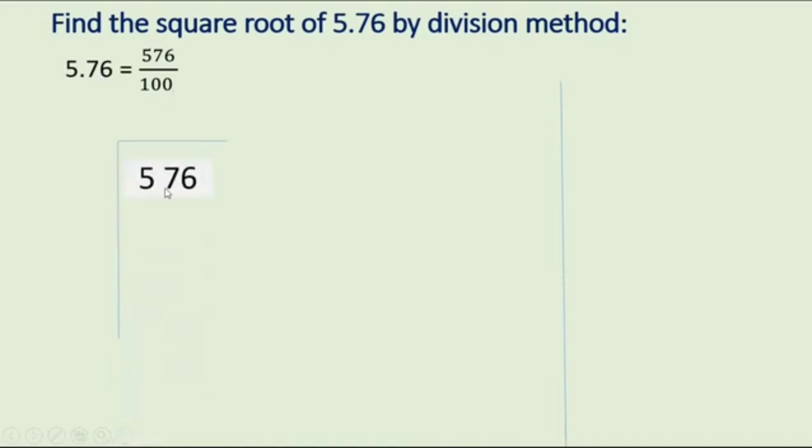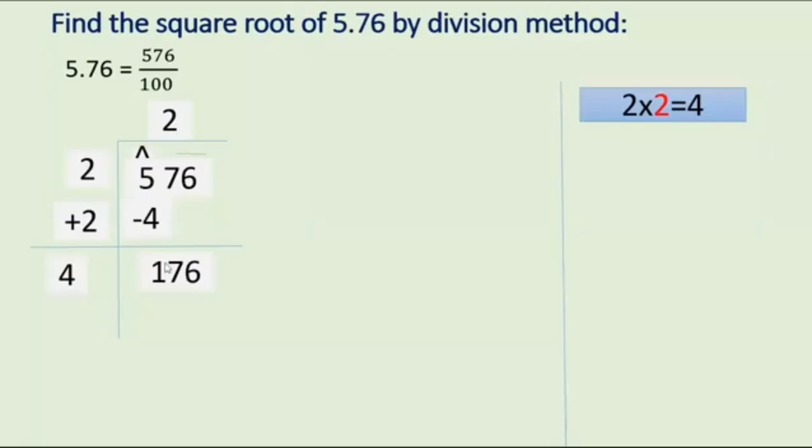Now, first we have to solve the numerator. There is a pair of 76 and there will be a cap on 5. So we get 2 into 2 is 4, and on the left hand side, 2 is going to be added over here. Here 5 minus 4 is 1.